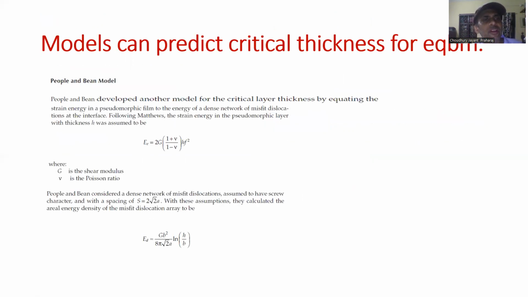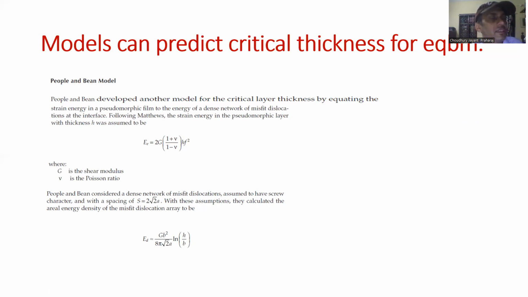Now, the different models can predict critical thicknesses for equilibrium. However, we need to keep in mind that growth can have non-equilibrium components, and so the critical thicknesses can vary from these theoretical predictions.